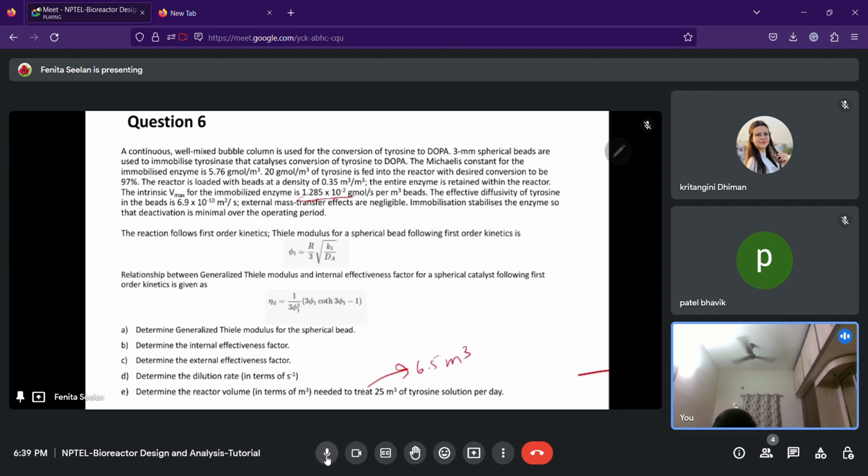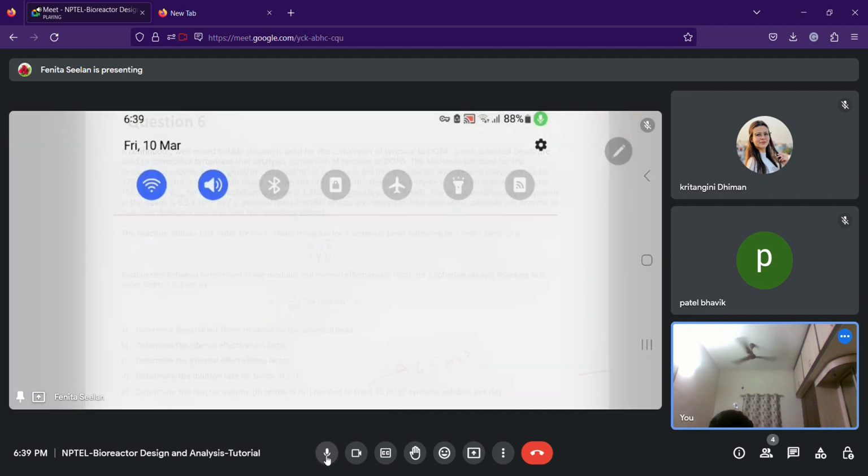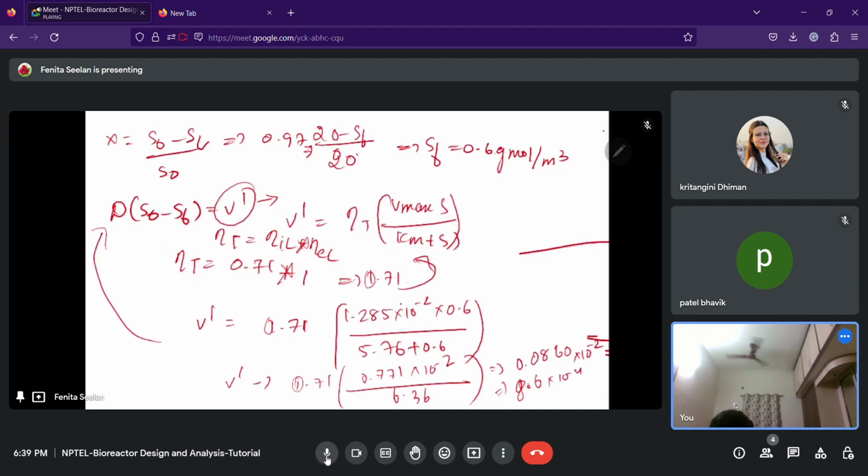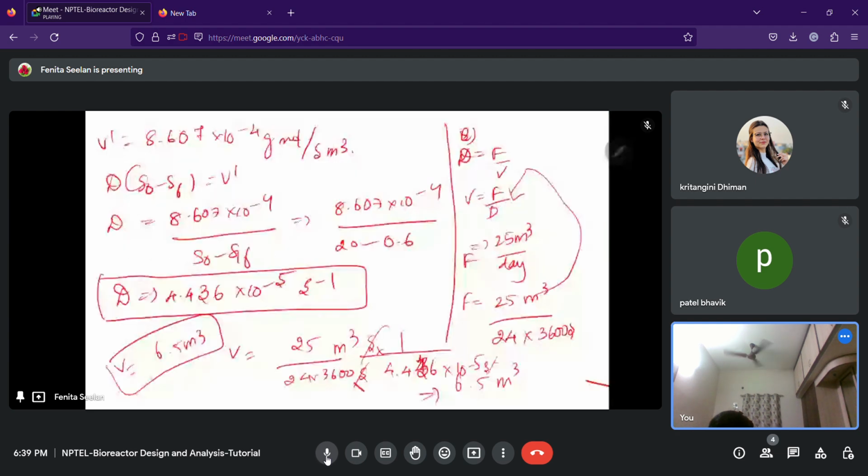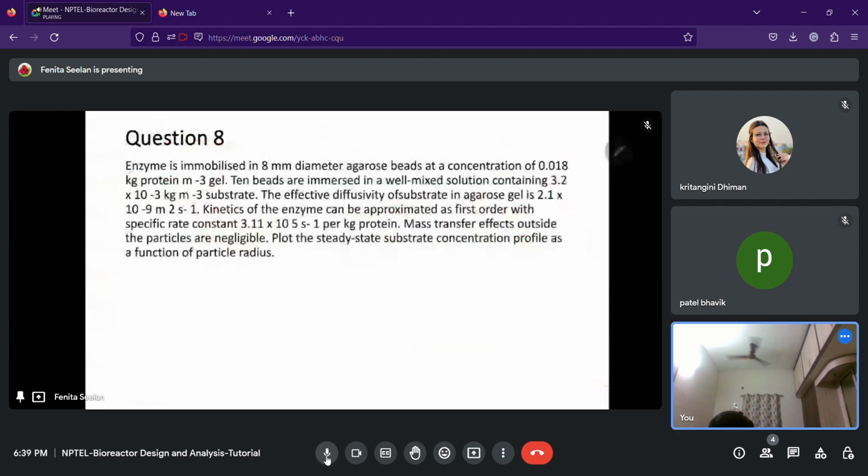That's all this one is about. So this is the next question. Please take a few minutes to read the question and then we will start solving it.